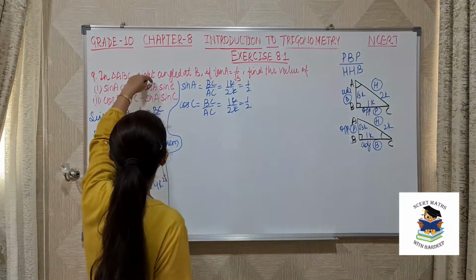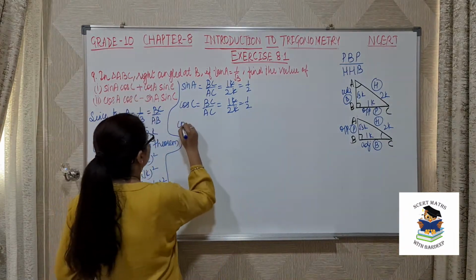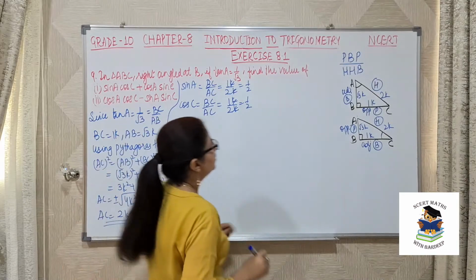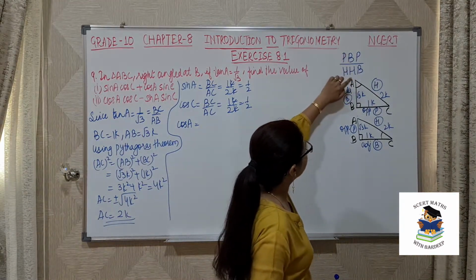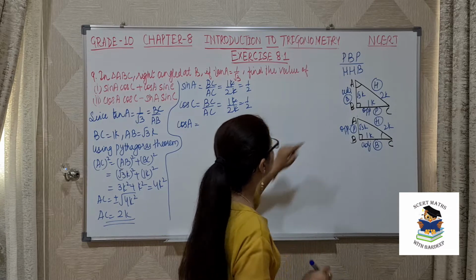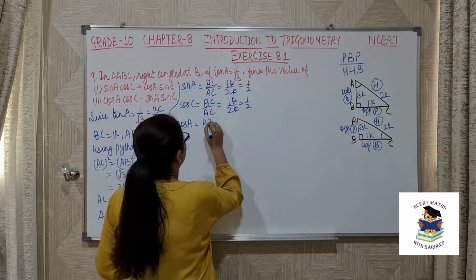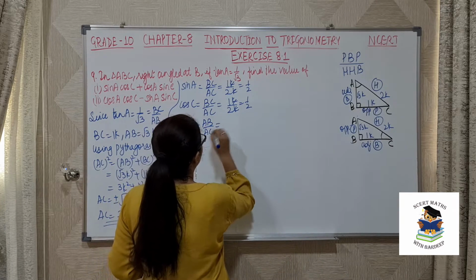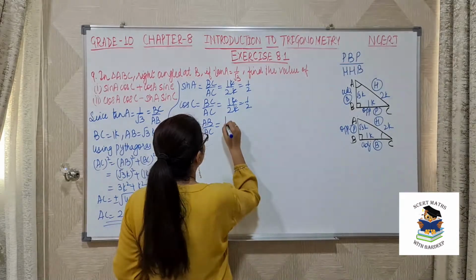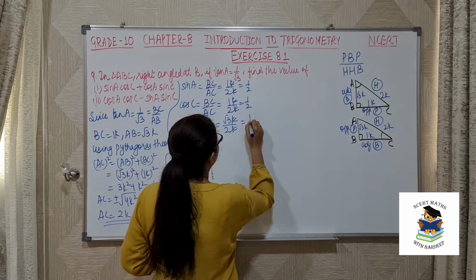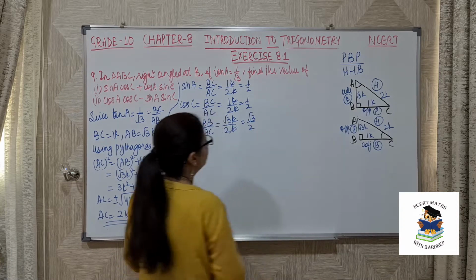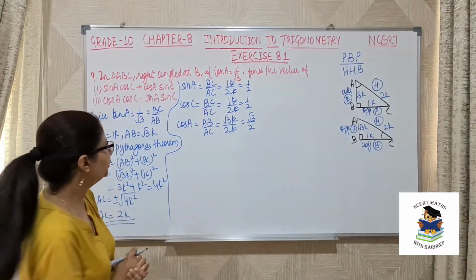Right. Next is cos A. So cos A for this triangle, cos is base over hypotenuse. Base is AB. In this case, this is AB. Over hypotenuse is again AC. So AB is root 3K over 2K. You will cancel them and this is root 3 by 2.